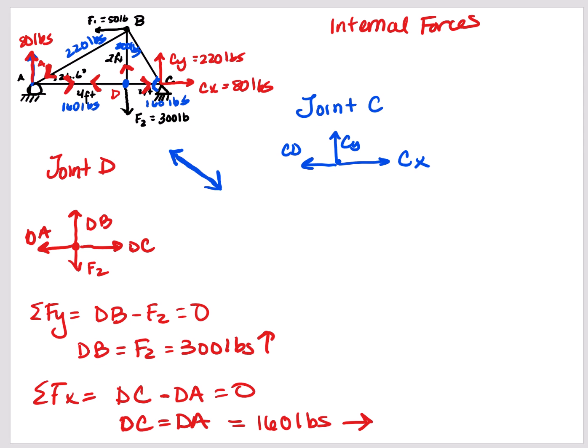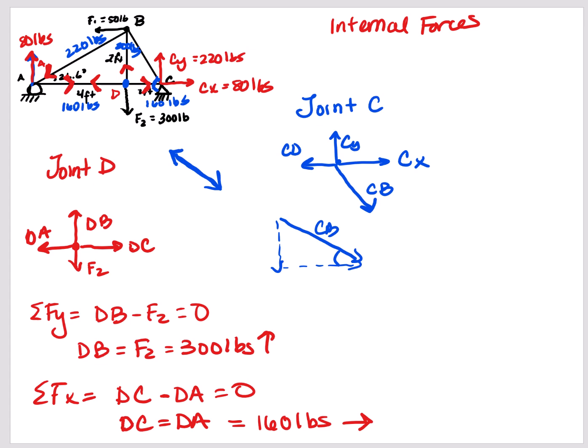Since we know CY goes up, because we solved it to go up when we did the external forces, the only force that can oppose it is from BC or CB. So I know the joint has to go southeast to oppose it. So after I draw my free body diagram, my CB beam is at an angle, so I need to resolve that into X and Y. So it's going to go south and it's going to go to the east.